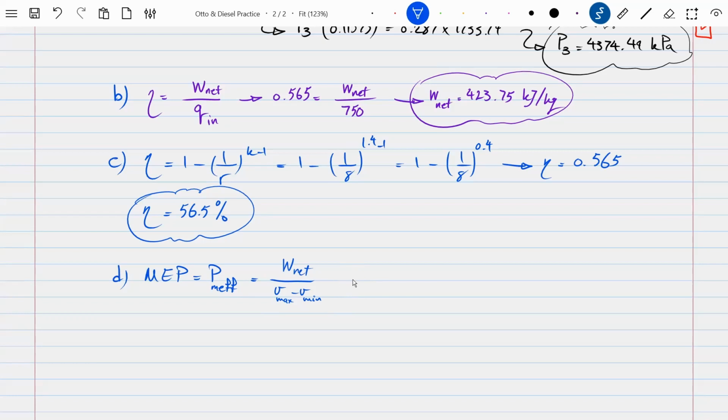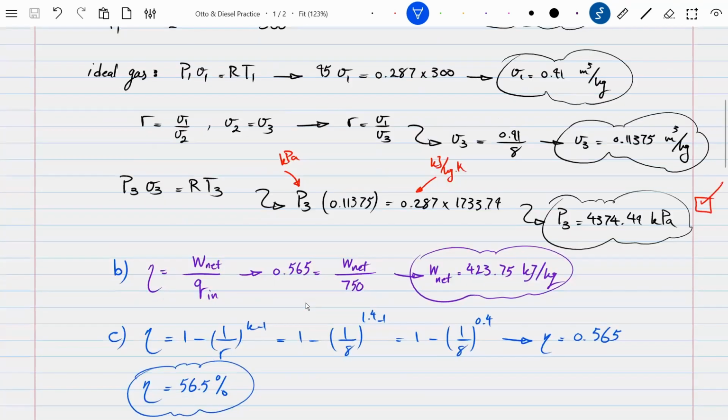All right, so if you want to calculate it, as the problem asks, what we want to do is follow the equation, simple as that. The W net, we just calculated it, is 423.75 kilojoules per kilogram. And the displacement volume is actually the difference between volume max, which is V1, and volume min, which is V2.